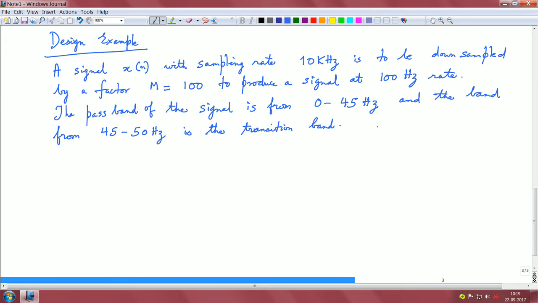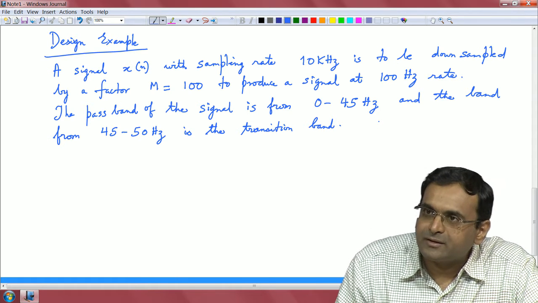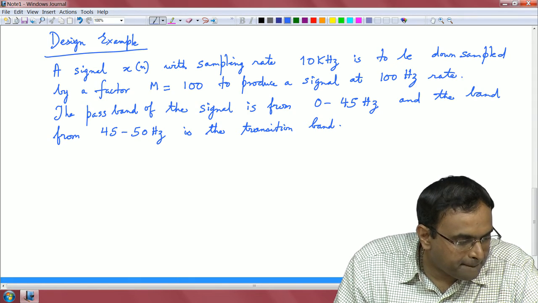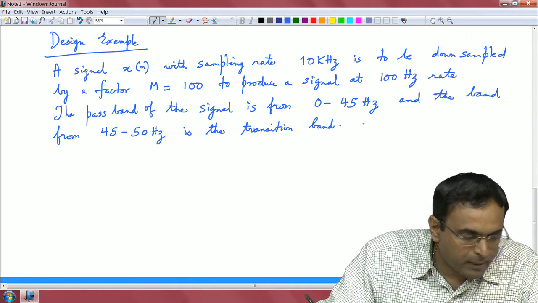And we are assuming equi-ripple filters. So, we also have some specifications on the ripple in the stop band and the pass band, and that is also part of the design spec.